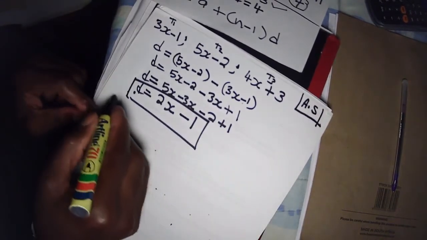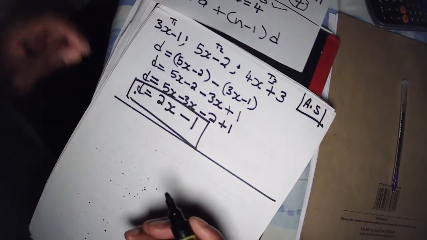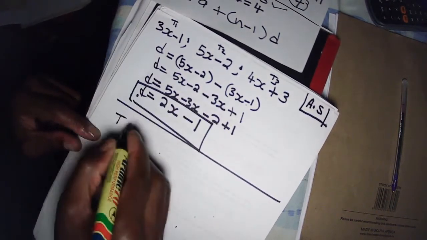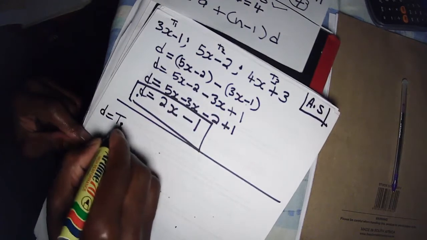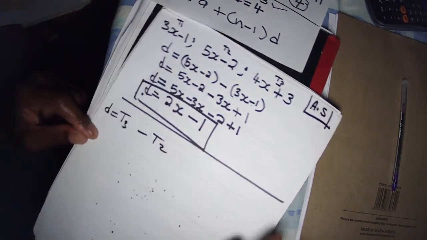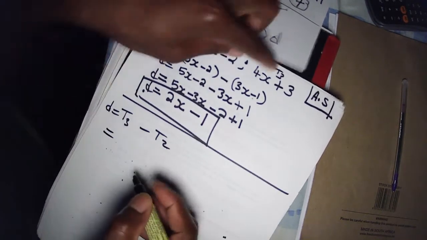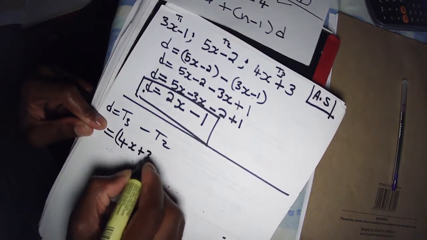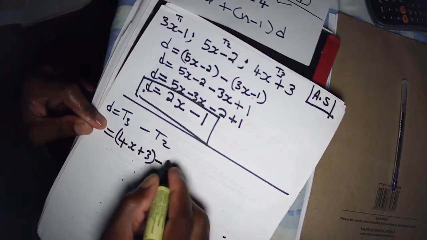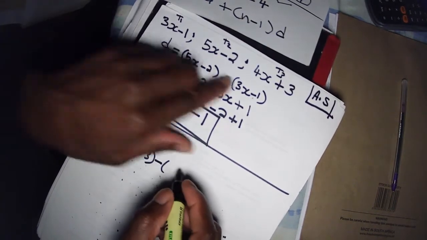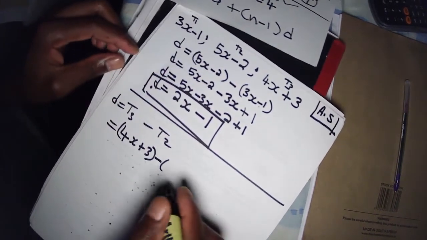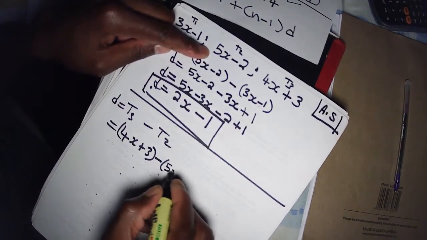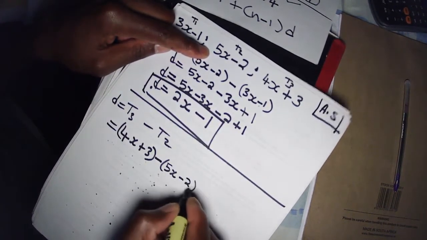Let us try now to get it from t3 minus t2. What is t3? It is 4x plus 3. I'm using brackets so that I don't make mistakes easily. What is t2? T2 is 5x minus the 2.